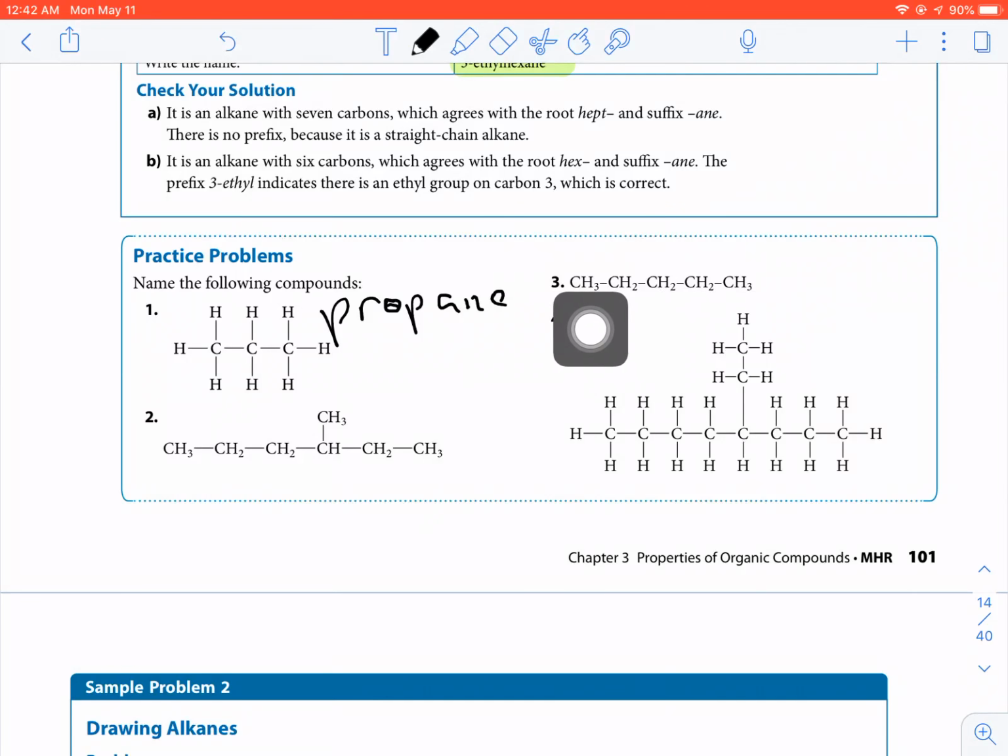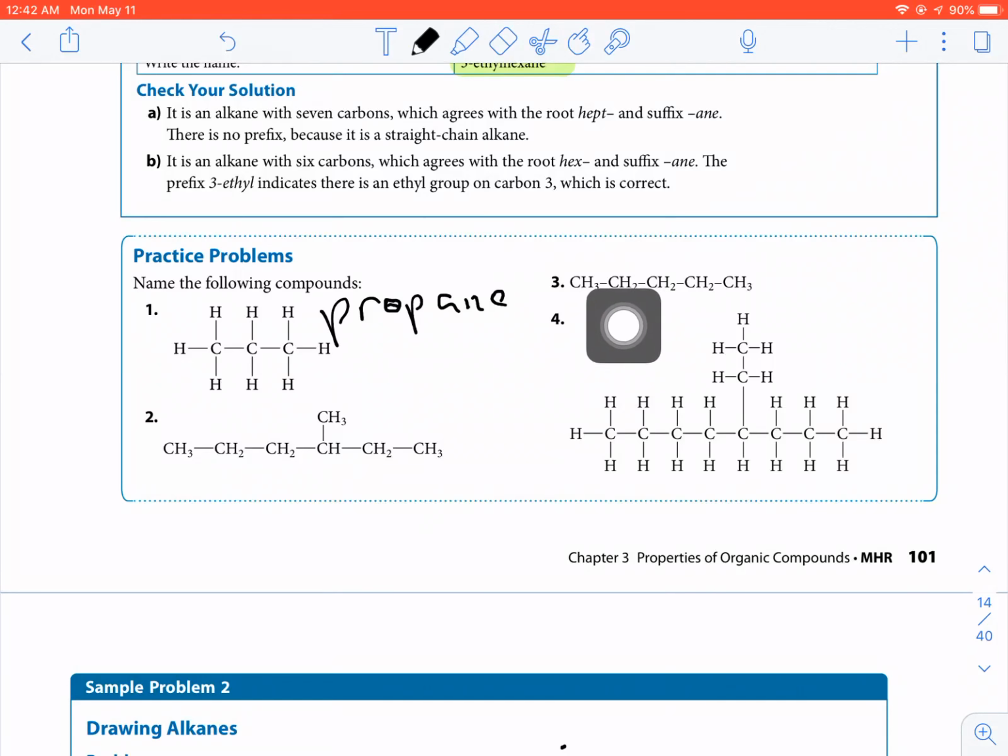If I look at number 3 beside that, I'm seeing 1, 2, 3, 4, 5 carbons. Notice that the end carbon has 3 hydrogens, and the second carbon has 2 hydrogens. All the carbons in the middle of a chain can only have 2 hydrogens because they're already using 2 bonds to connect with the carbon on each side.